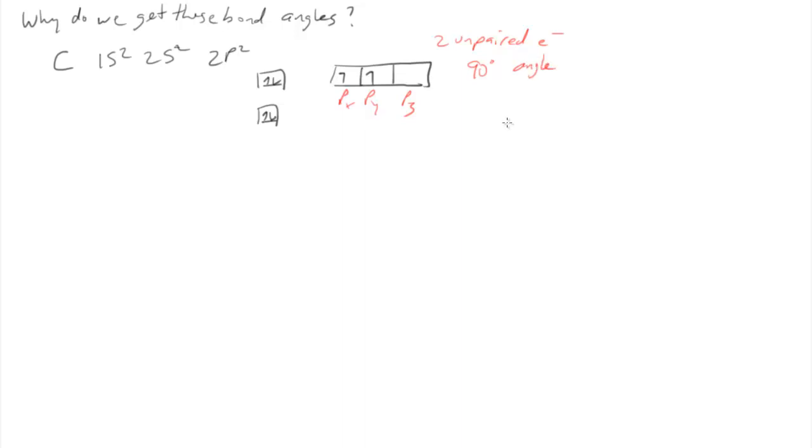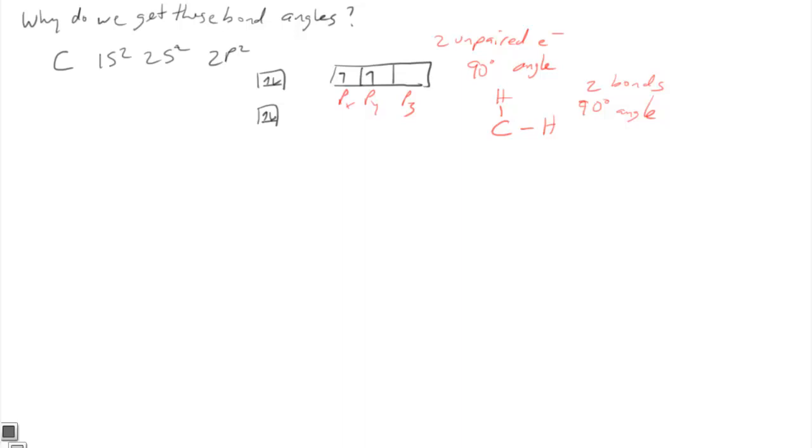So if I were to make a molecule out of carbon and hydrogen, I would guess that my molecule would be CH2 with bonds at 90-degree angles. So one would be used from the px orbital, one would be used from the py orbital. So I'd expect carbon to make 2 bonds at 90-degree angles.